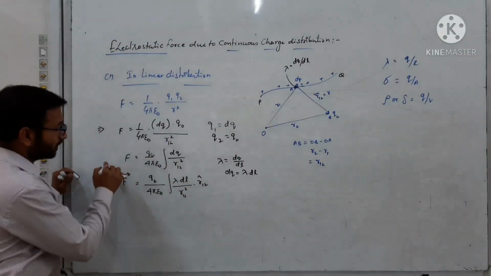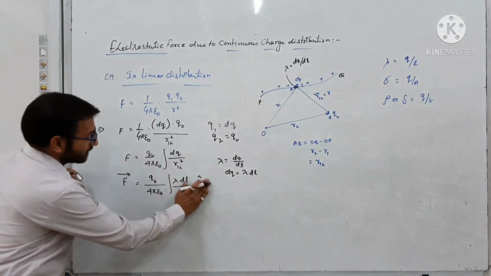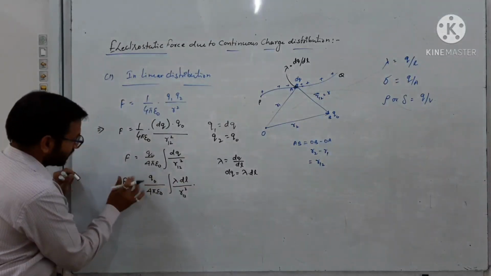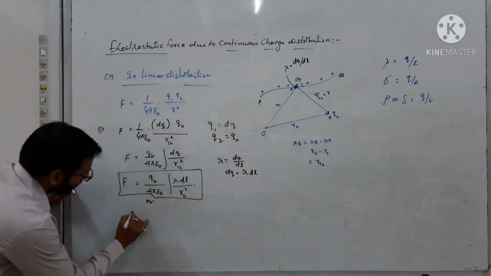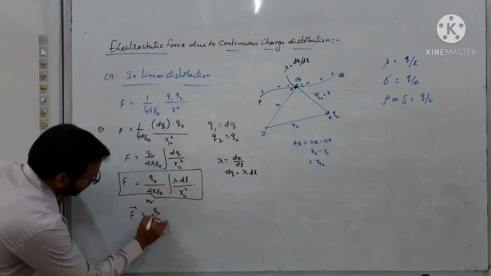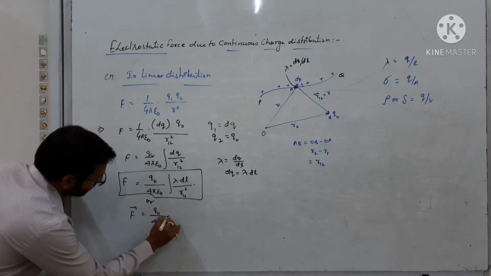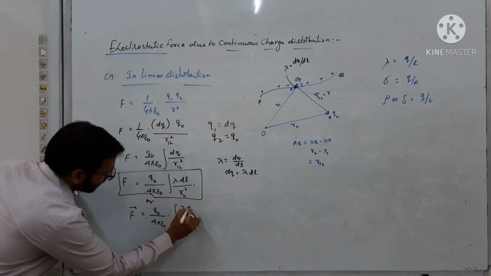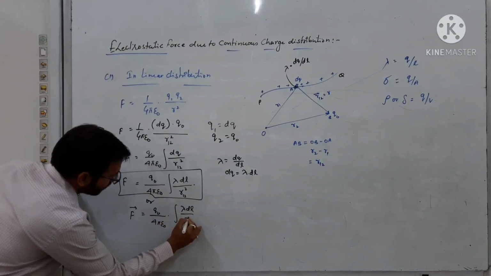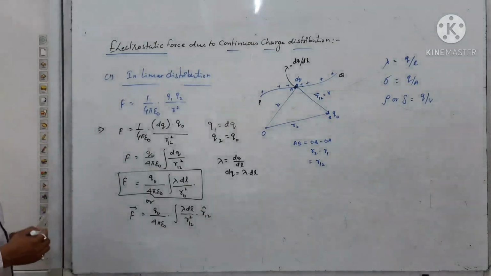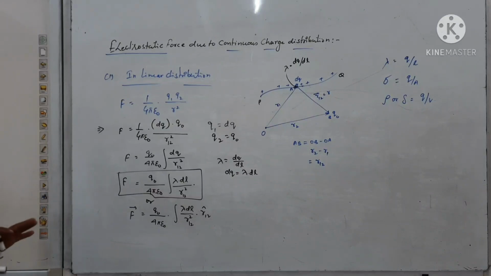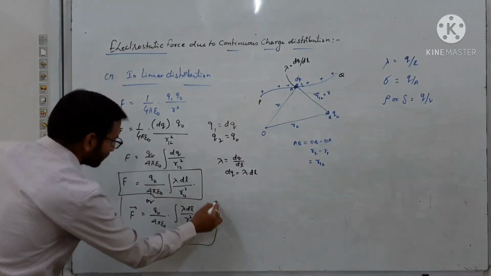In vector form, you can write q naught upon 4 pi epsilon naught integral lambda dl over r12 square into r12 hat. Similarly, we will do the same thing for the surface charge density and for volume charge density.